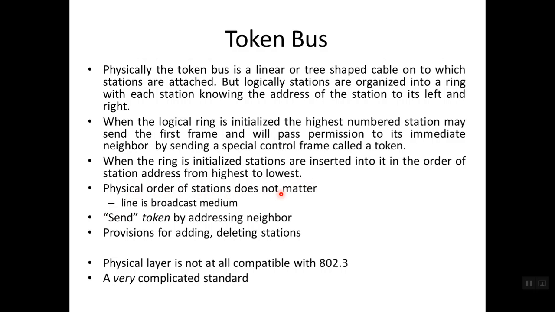Physical order of stations does not matter, because transmission works in the order of addresses. The transmission line is not a broadcast medium. The token is sent by addressing the neighbors, and there are provisions for adding and deleting stations. Physical layer is not at all compatible with IEEE 802.3, and it is a very complicated standard. So this is generally what a token bus is.